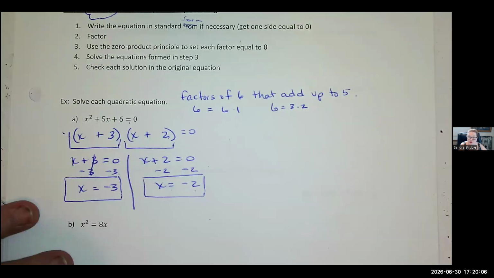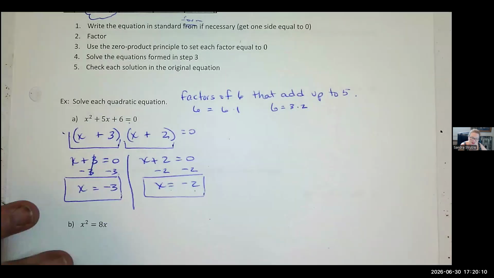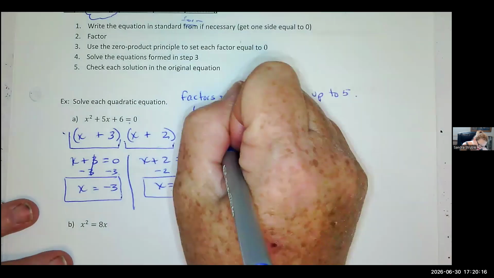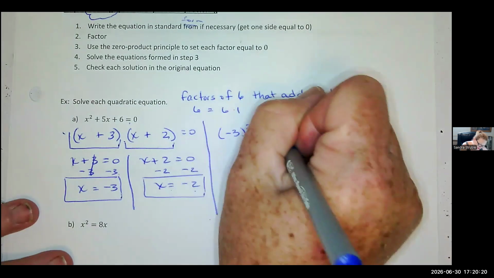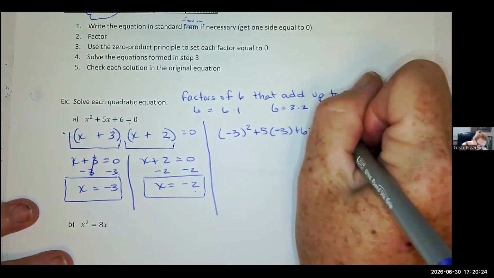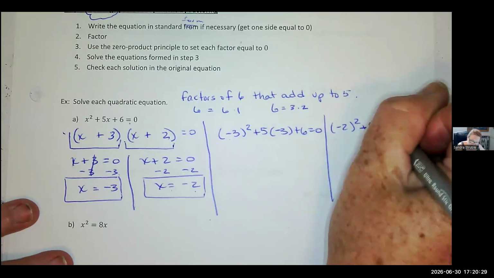Plug in -2 everywhere there's an x, and when you simplify the left side, you should get 0. Let's check that so you can understand what this means. -3 squared plus 5 times -3 plus 6 should equal 0. -2 squared plus 5 times -2 plus 6 should equal 0 as well.